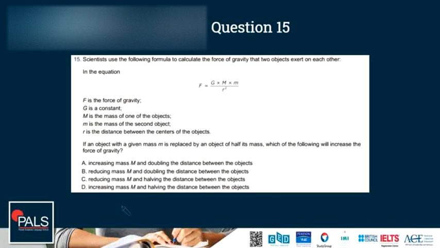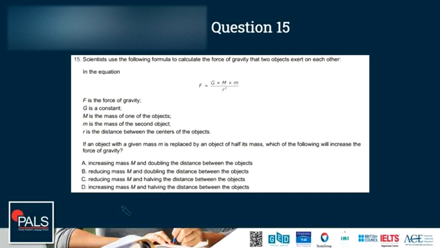If an object with a given mass M is replaced by an object of half its mass, which of the following will increase the force of gravity? Replaced, let's have a look here.